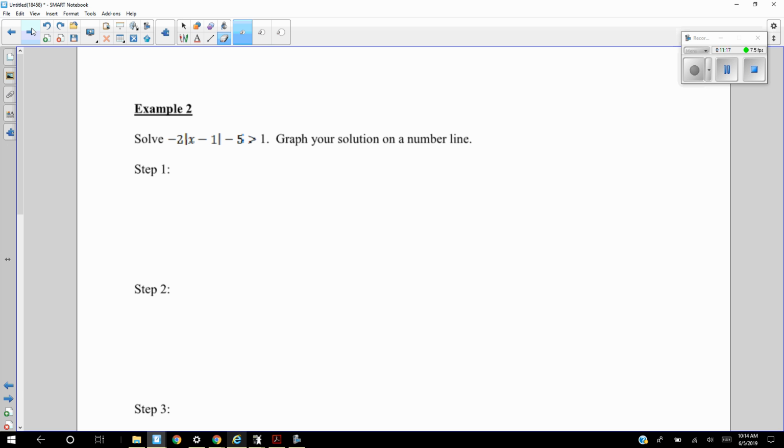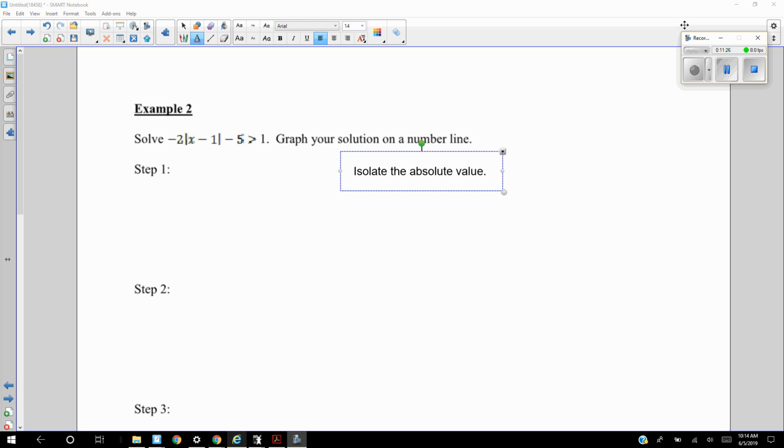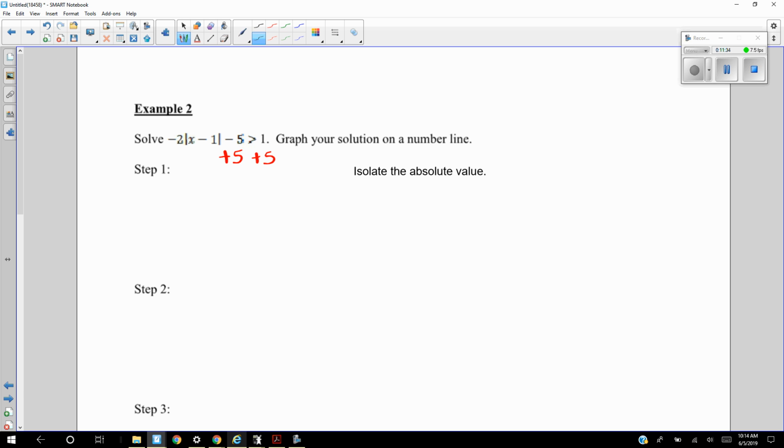This still is a greater than problem at first, but step 1 is: is the absolute value isolated? And the answer to that, of course, is no. We need to add 5 to both sides first, and then divide both sides by -2.